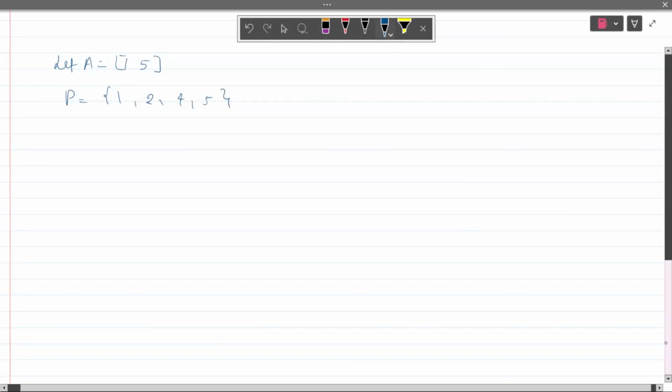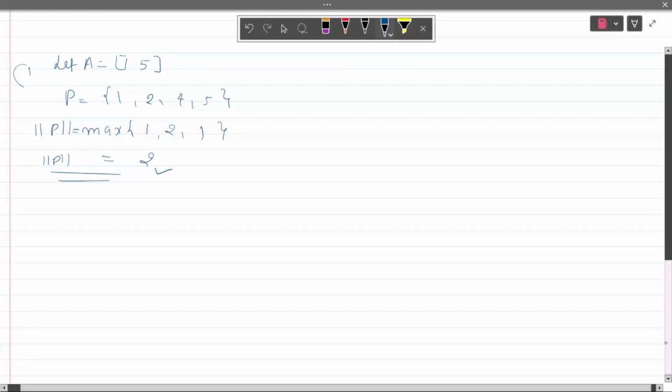We have this partition of that interval. Now I take the length of all these intervals. So what is the norm? The norm is the maximum of these, that is 1, 2, and 1. So the norm of P will be 2.